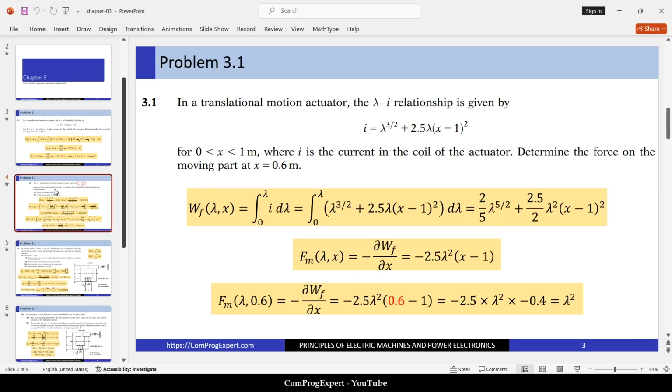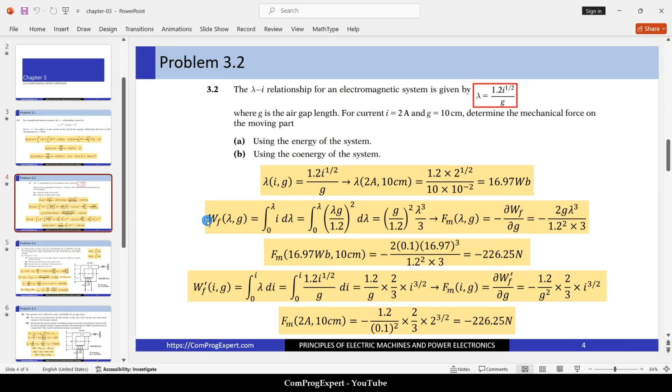And now let's solve problem 2. The flux linkage versus i relationship for an electromagnetic system is given by this equation. Again, we have a relationship between the flux linkage and the current.